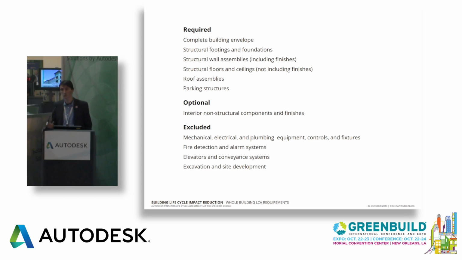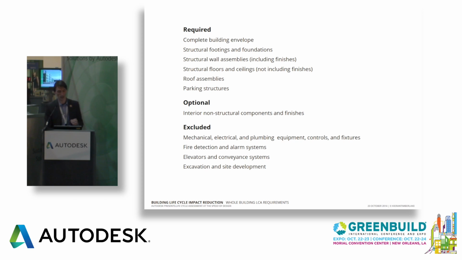So the scope of the assessment, when we say whole building, we need to be very careful what we mean when we start to define that in terms of a functional unit. So per the US GBC guidelines for this credit, what is required is the complete building envelope, structural footings and foundations, structural wall assemblies inclusive of finishes, and floors and ceilings not including finishes, roof assemblies, and parking structures.